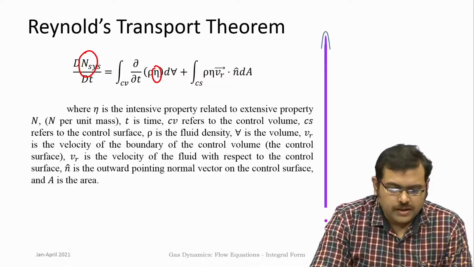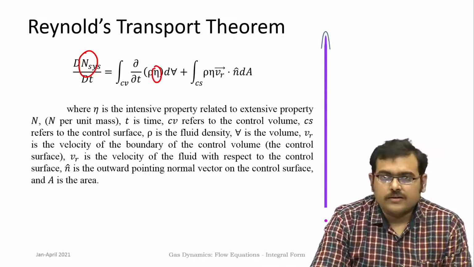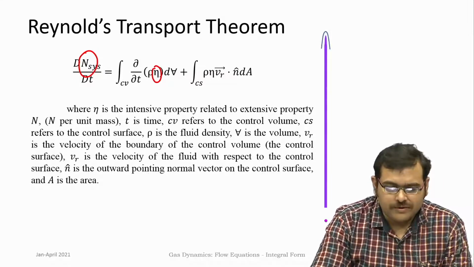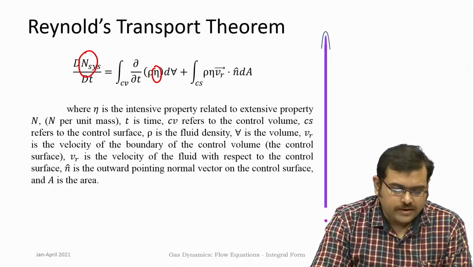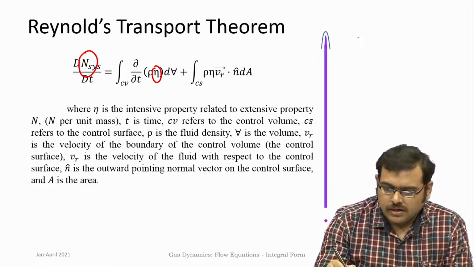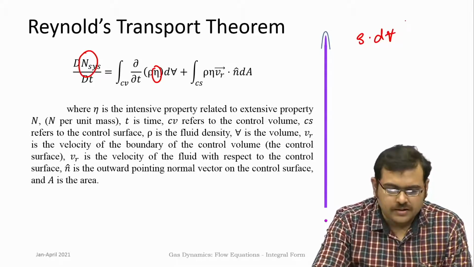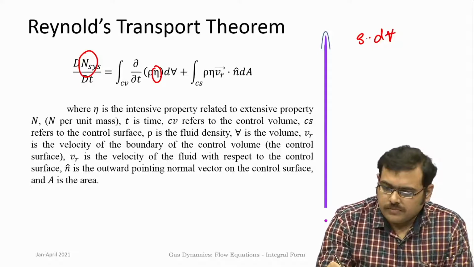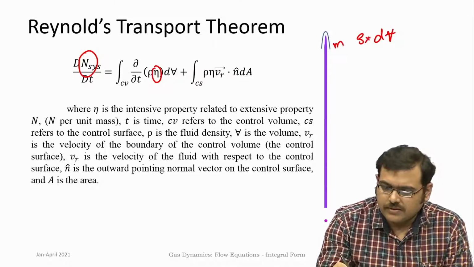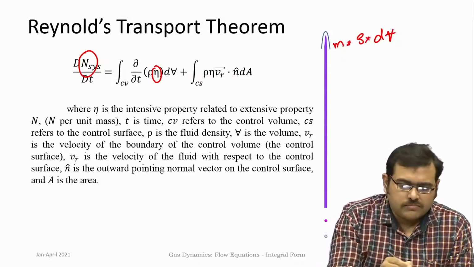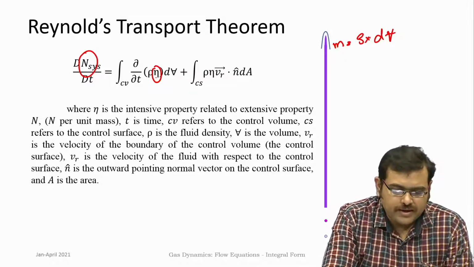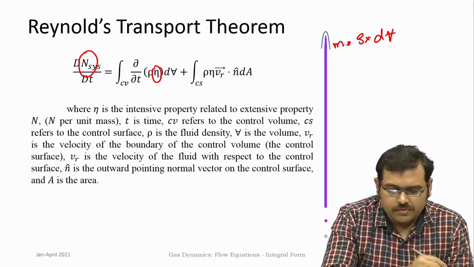For a certain volume of fluid within a control volume, the mass is given by the density multiplied by the volume. In this case we are taking a small volume, that is dV. So this is the mass of the system.